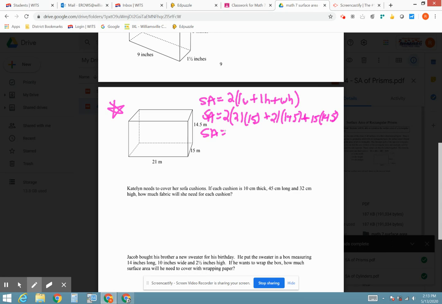Go ahead and calculate it out. Okay, then add everything up.